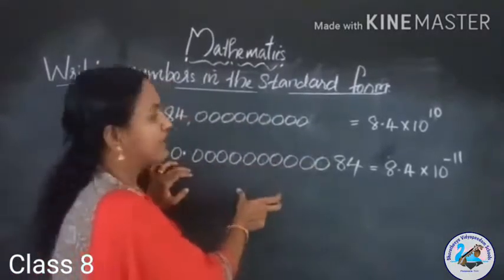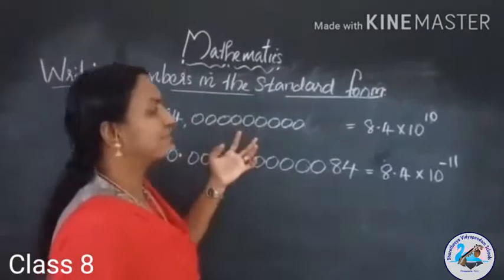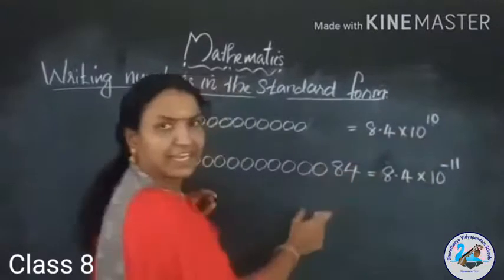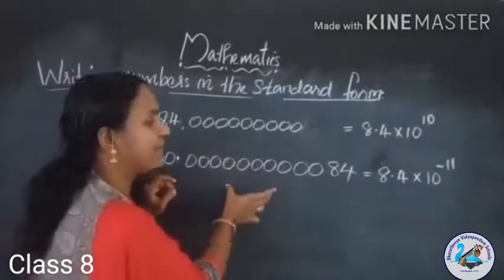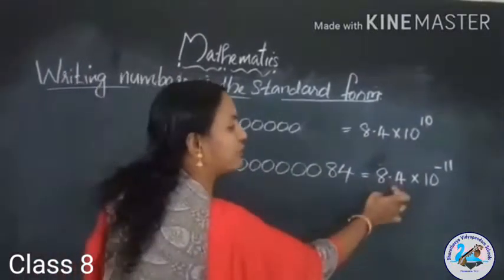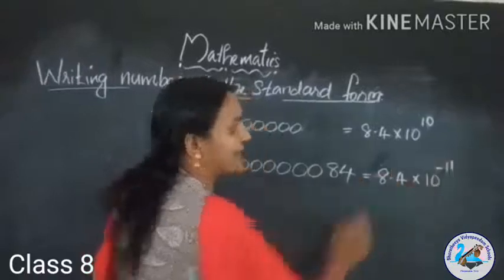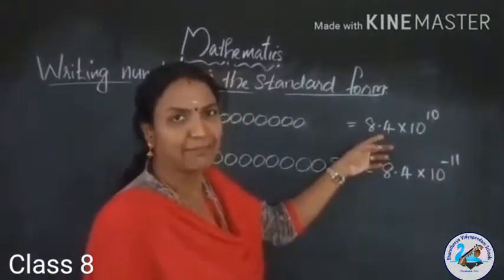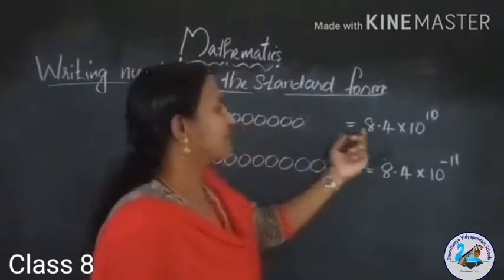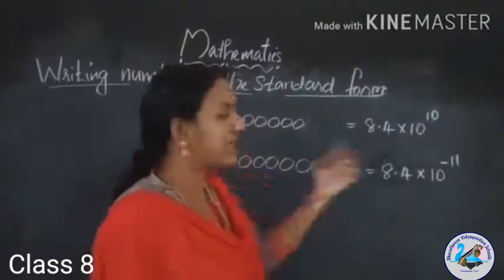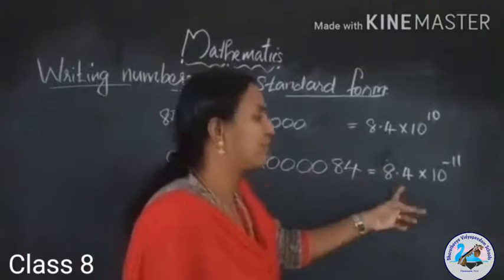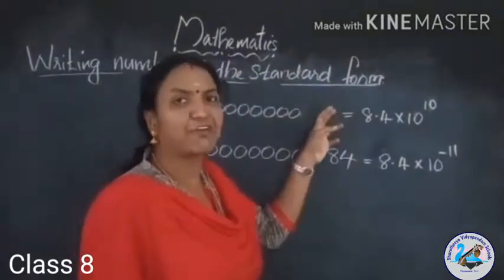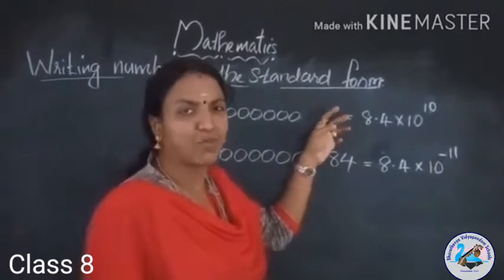So the first number can be written in short as 8.4 into 10 raised to 10, and the second number as 8.4 into 10 raised to minus 11. These are the easiest ways of representing the given numbers. Standard form is a way of writing very large or very small numbers.